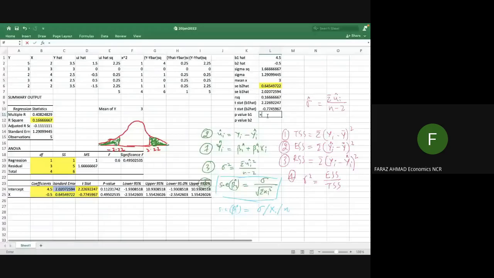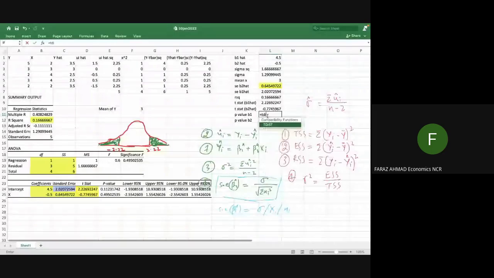So for beta 1 hat, which has a t statistic of 2.22, we can simply write TDIST, and then we can put the value of the t statistic for beta 1 hat, which is 2.22. That's the first argument. Then comma, you can write degrees of freedom.